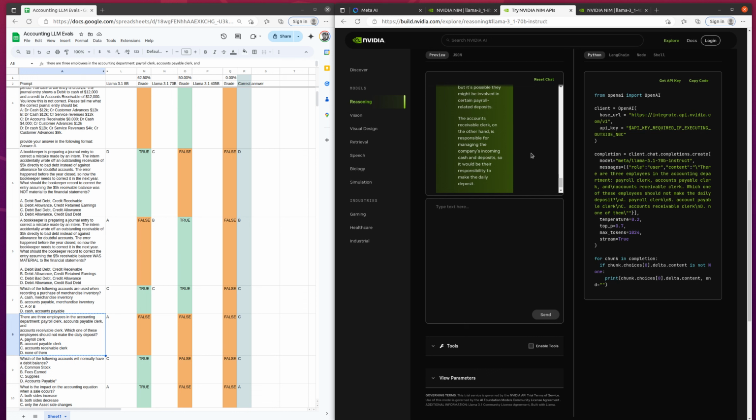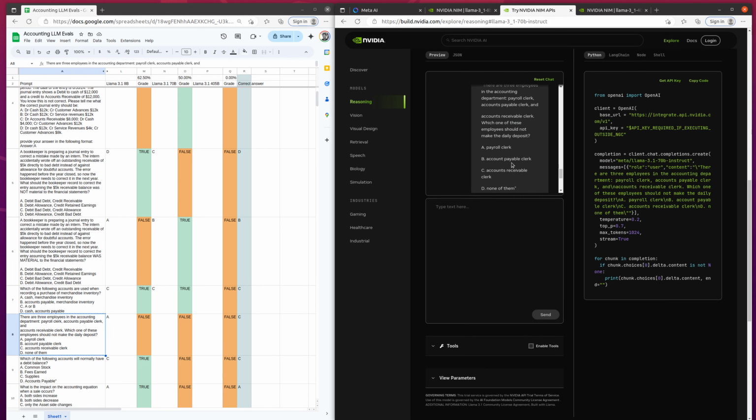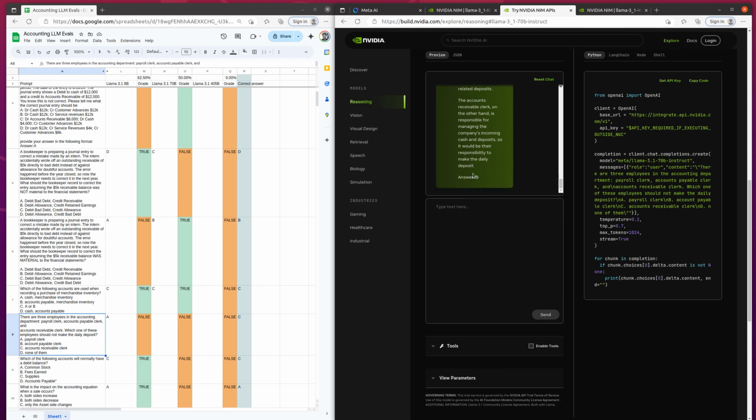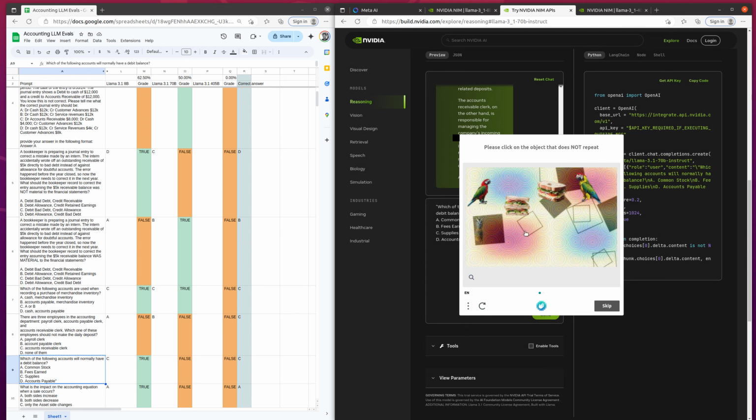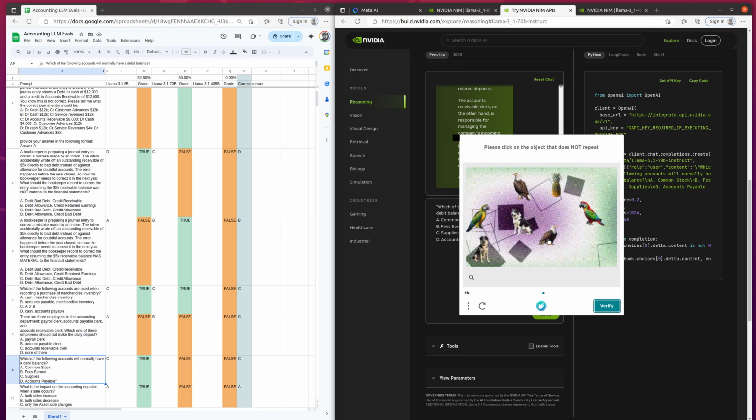The pineapple. All right, this one said answer B. Oh, not quite. Nice try though. Oh, come on. All right. Again with the pineapple. Man, you love pineapples.